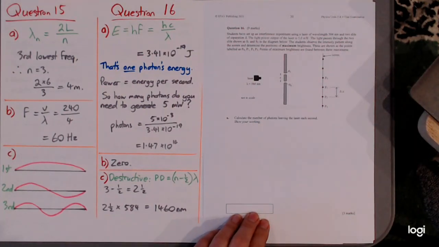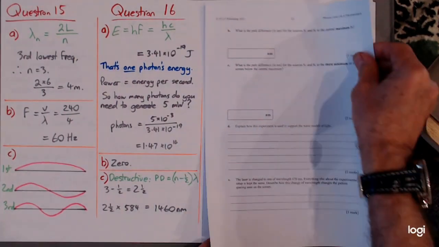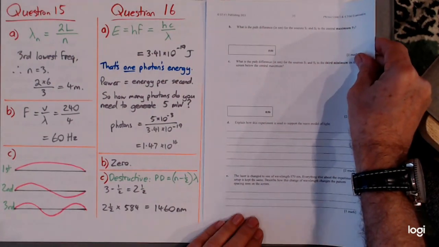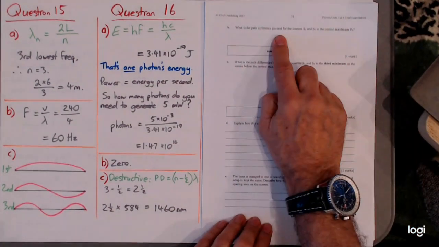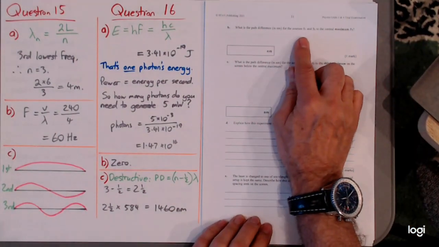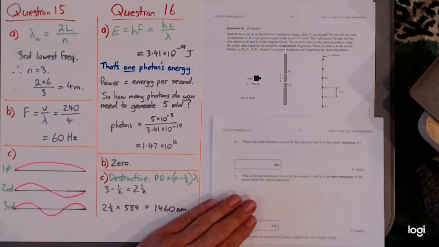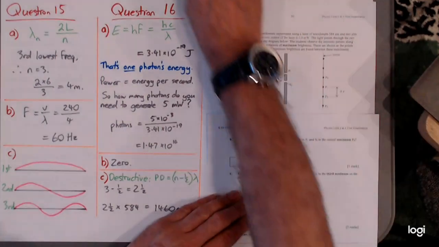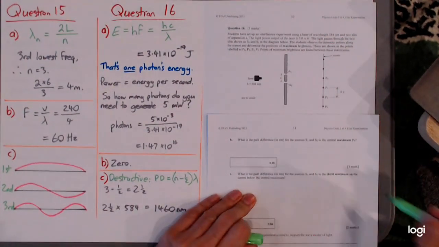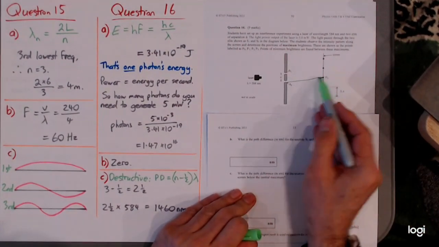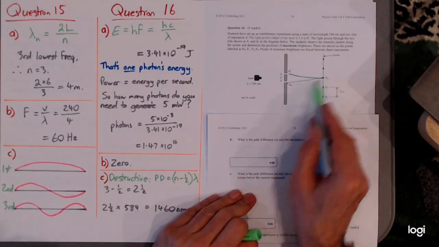Well, let's just get the next page here. Question 16B. What is the path difference in nanometers of the sources S1 and S2 to the central maximum? To the central maximum, it's got to be 0, right? No path difference there at all.